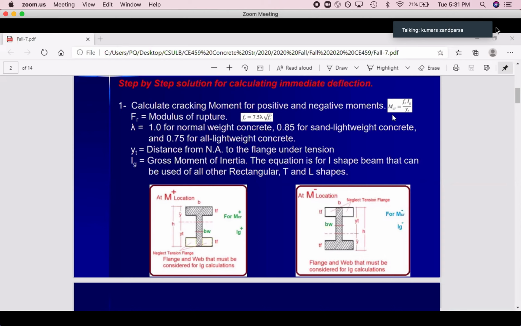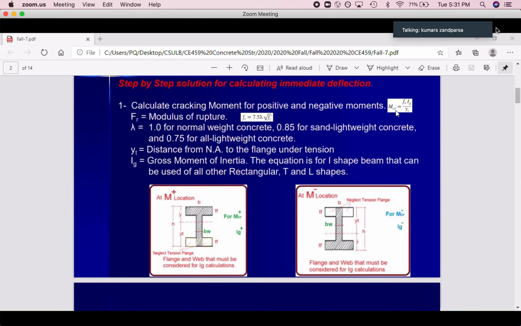So I will repeat this one more time. For positive moment, I am to calculate M crack for positive. In this case, use IG for positive, YT for positive. If I want to calculate M crack for negative, use IG for negative, YT for negative. That's it. So you can find M crack for any negative and positive moments that we have.